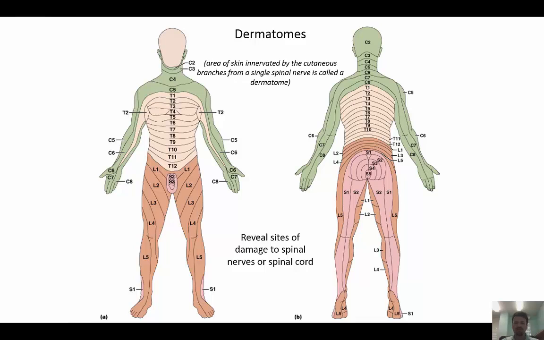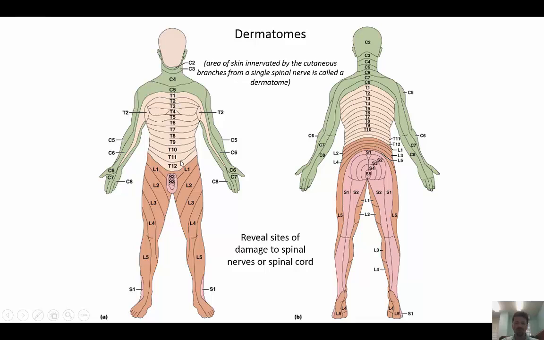Now, this is very important from a clinical point of view, because if a patient comes to you or a client comes to you and they're having a problem in one part of their body, by looking at the area of the body that is affected, you can determine which particular nerve might be affected. And so you can see that the C4 nerve innervates this region just below the neck. The C5 nerve innervates this region in the upper chest.